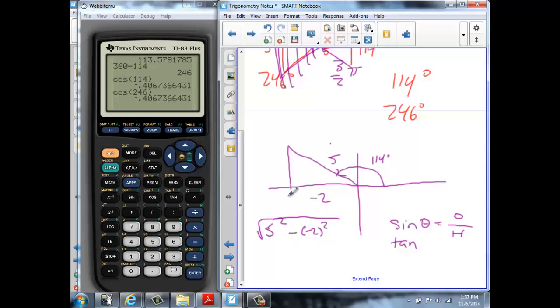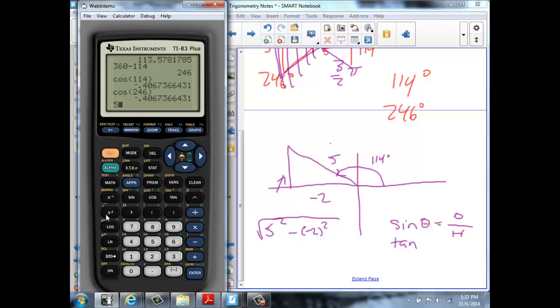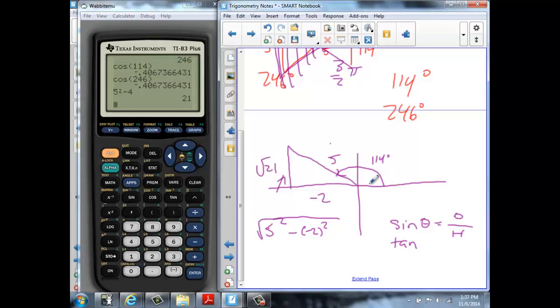That'll be how you get this guy's value. 5 squared minus 4 basically. So what is sine equal to? Sine of theta is equal to the opposite, root 21, over the hypotenuse, which is 5.